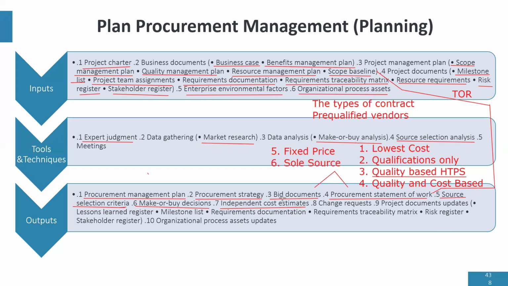An independent cost estimate is where you hire a consultant to cost the work you want to outsource. That's what independent cost estimates are. You hire a consultant to cost the work you want to outsource, which means that person has many years of experience, and it could be a company.